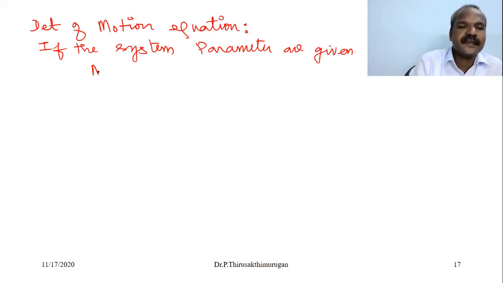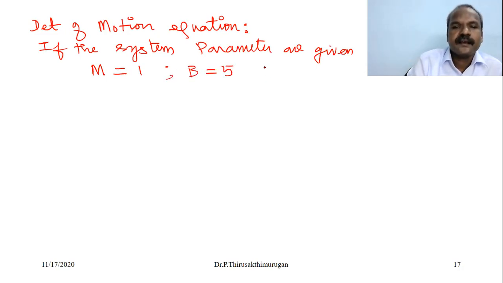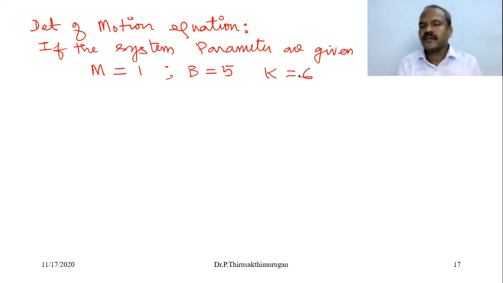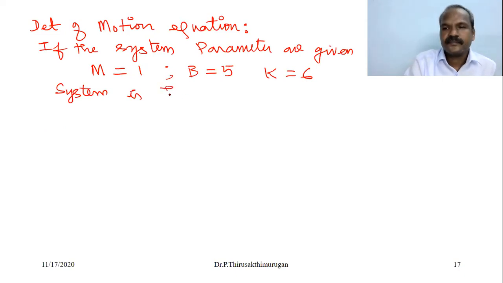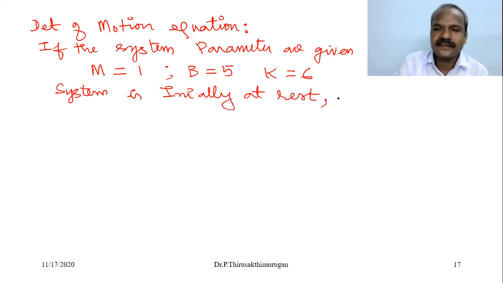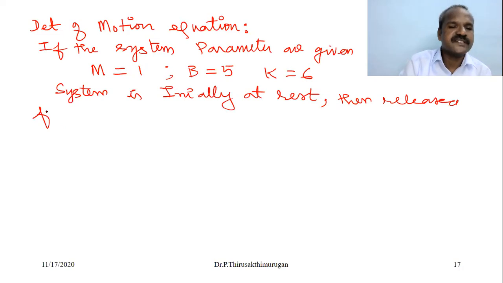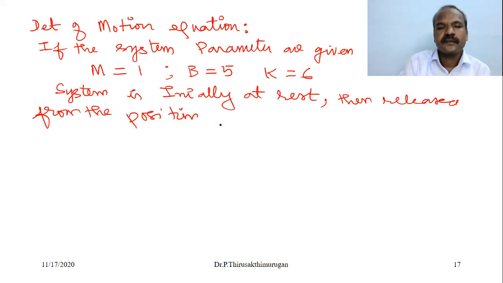What are the given parameters? M equal to 1 kg, friction B is 5, stiffness K is 6. The system is initially at rest, then released from the position x equal to minus 1.